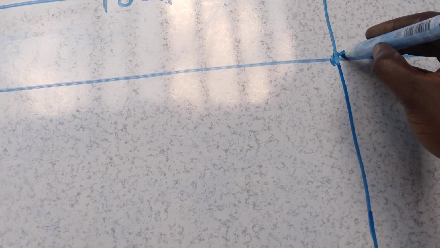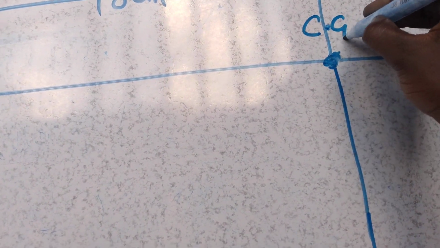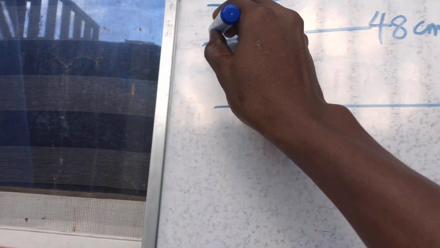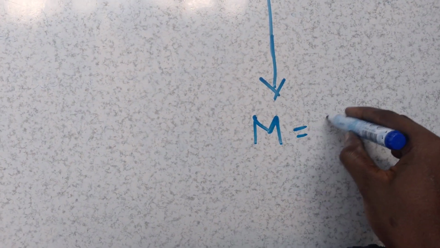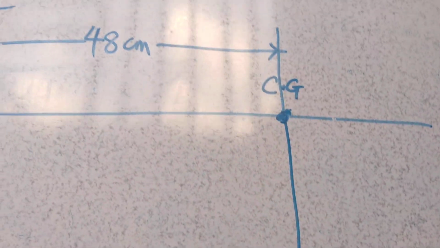This was where the mass of the meter rule was placed, and we call this our center of gravity. And we obtained the mass of the meter rule as 80 grams.